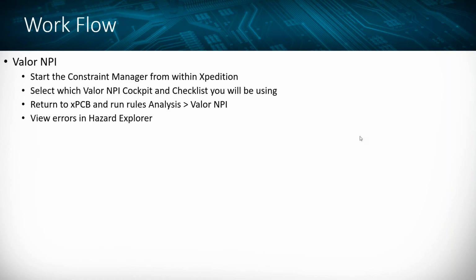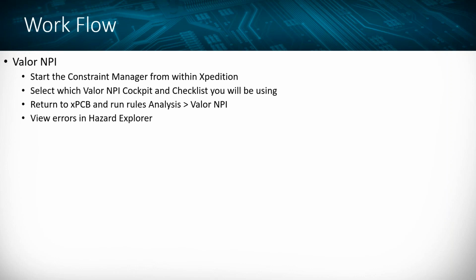And then the last check that we'll be talking about is how we can actually run Valor NPI. So Valor NPI is slightly different than HyperLynx PI or HyperLynx DRC within Xpedition. We do drive this a little bit from the constraint manager. And what we do here is we select which cockpit and checklist you will be using.